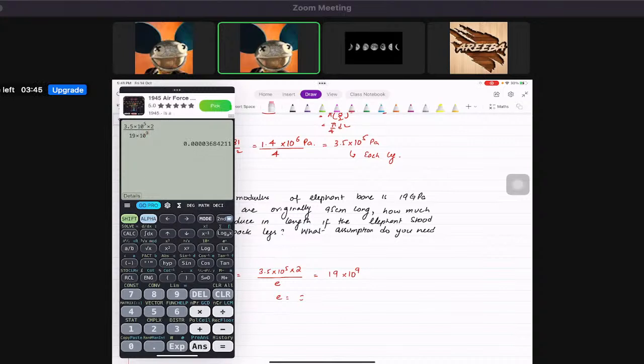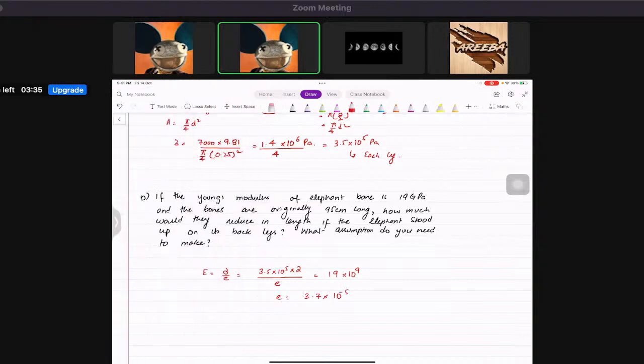Okay, let me do it the other way. 3.7 times 10 raised to power minus 5 as strain. Is it clear? Okay. Now this is the ratio, right?